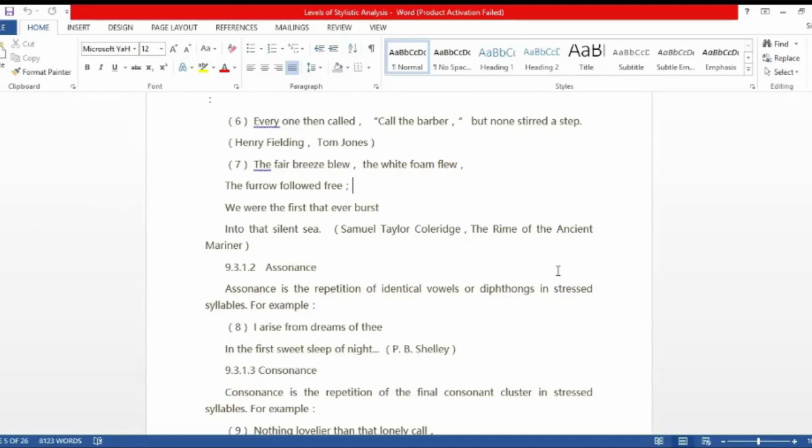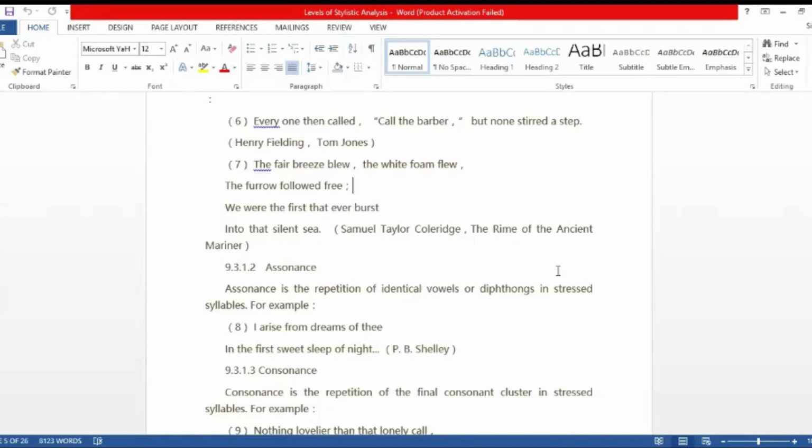It doesn't go with the music of the whole of the stanza. अगर कहीं पे discord है तो why is it so? If there is concord, there is harmony. तो why is it so? Does it go with the idea and all? तो ये सारी चीज़ें, like you have to take the text, the poem as a whole, and then you have to see the work, the function of alliteration within that. Concord with the idea, concord with the image, with the rest of the words.